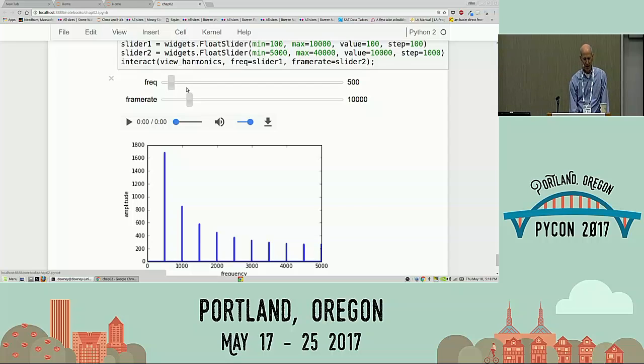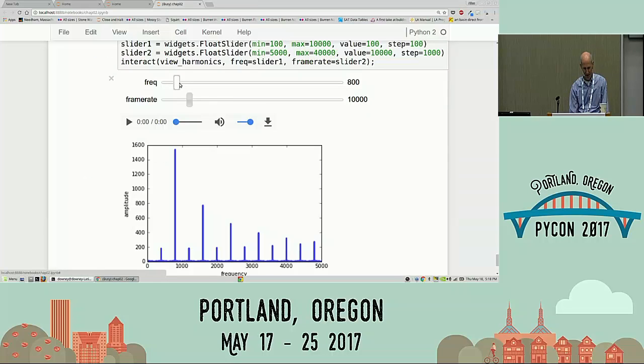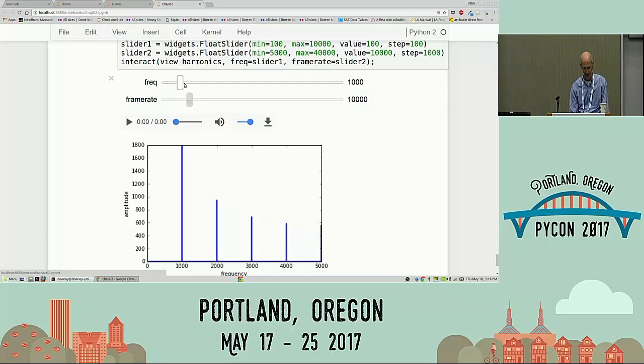So this is a 500 hertz signal that's being sampled at 10,000 hertz. So most of the frequency components are in the right places. I've got 500, 1,000, 1,500, and so on. Let me actually crank this up one more time. I'm going to go up to 1,000 hertz just to make the math easy. Okay, there we go. So we've got 1,000, 2,000, 3,000, 4,000, 5,000. There's also a harmonic at 6,000, but that has been reflected back and it overlaps with the 4,000.